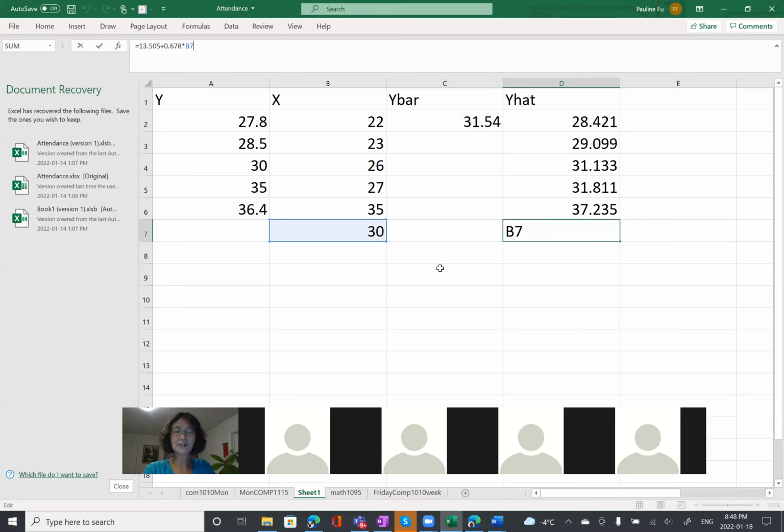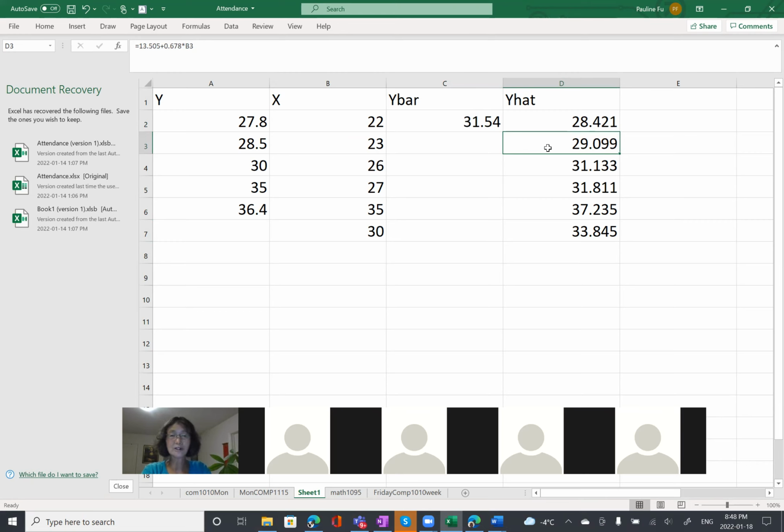I just have a question about the equation. I noticed as you dragged it down, it took all of the associated b values. Should it always be going to B2, or should it go to B3, etc. as it goes along? Good question. When I drag it down, it automatically changes from 22 to 23 in the next calculation.